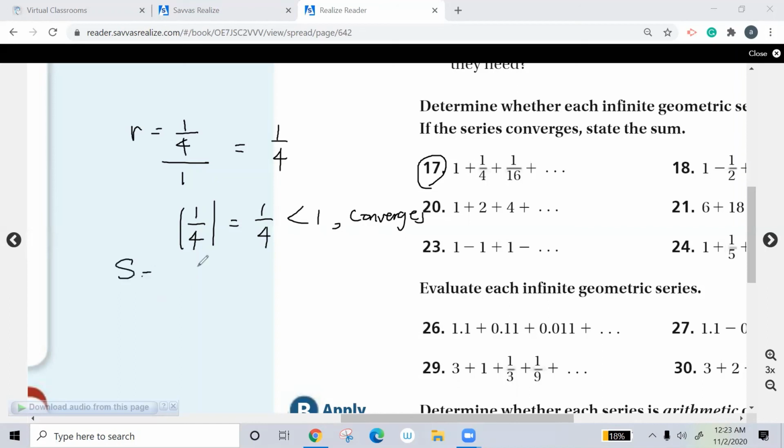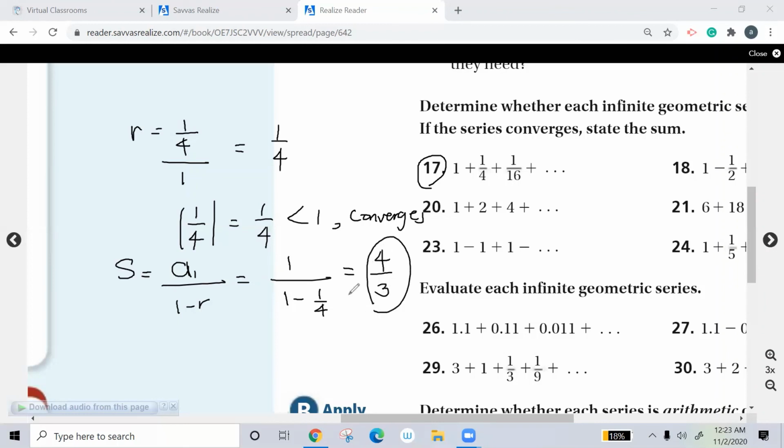If the series converges, we need to find the sum. So S equals A sub 1 over 1 minus R, where 1 is our first term. A sub 1 is 1, all over 1 minus 1 over 4, is equal to 4 over 3. So S equals 4 over 3.